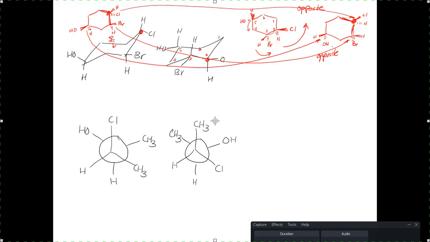I would have to do 1 group switch, so those 2 are opposite. So in this case, all of the chiral centers have opposite configurations in both molecules. And so therefore, what are these? These are enantiomers. Every chiral carbon has the opposite configuration in both molecules.